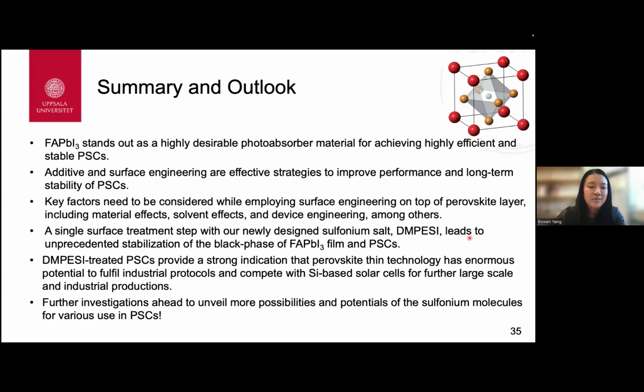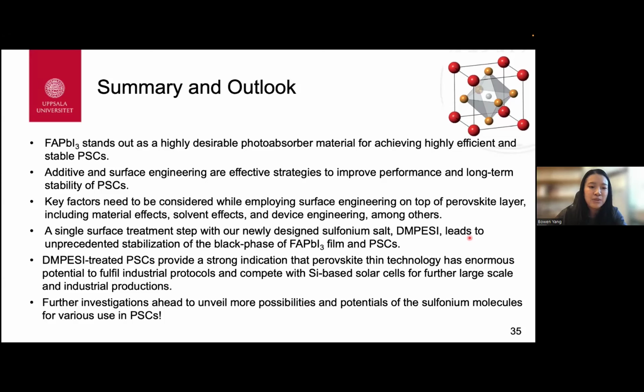And as I summarized, there are some key factors that need to be considered while thinking of modifying the surface of the perovskite layer, which include material effects, solvent effects, and also device engineering.